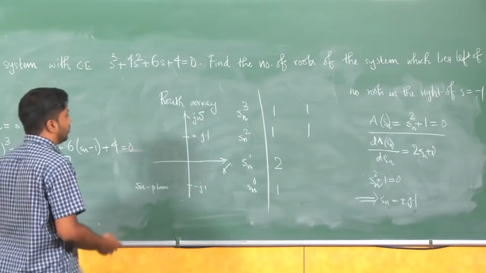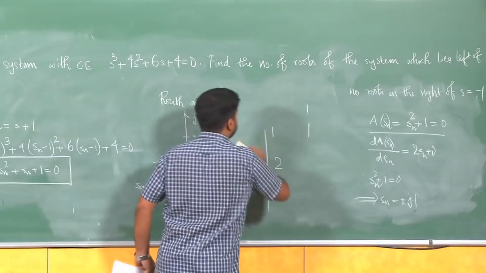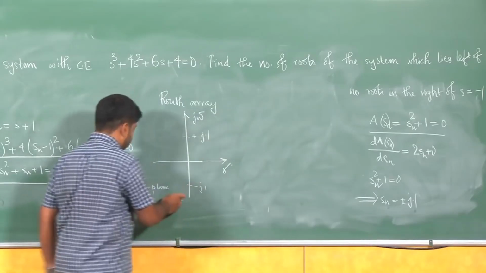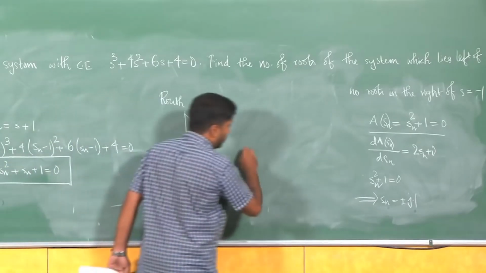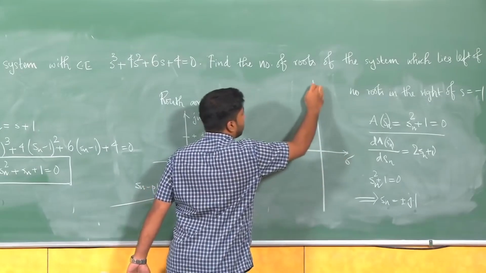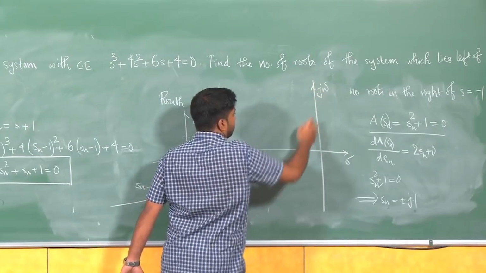Now, if we see the entire picture in the S plane, not in the Sn plane, this is our original sigma, this is our j omega.